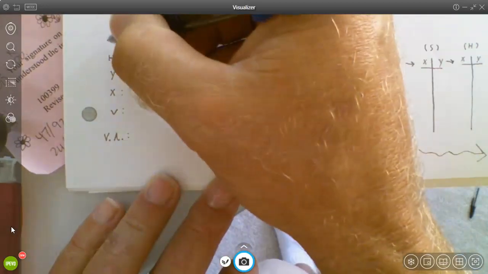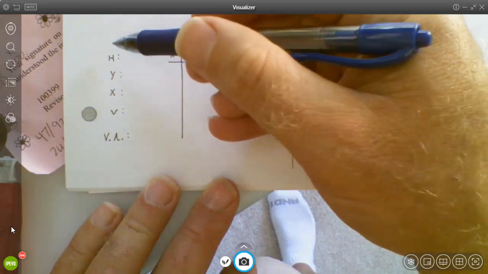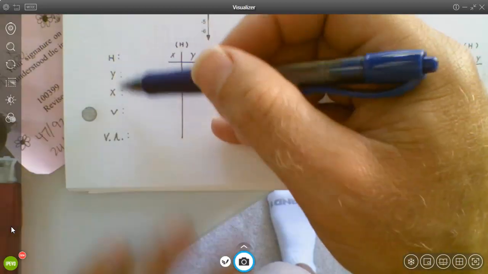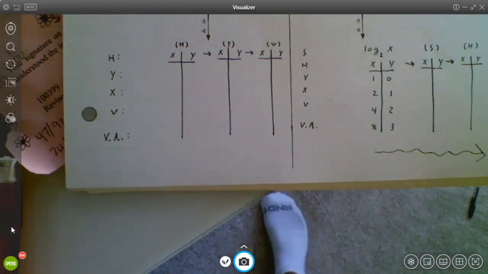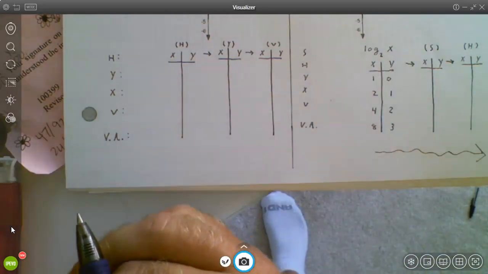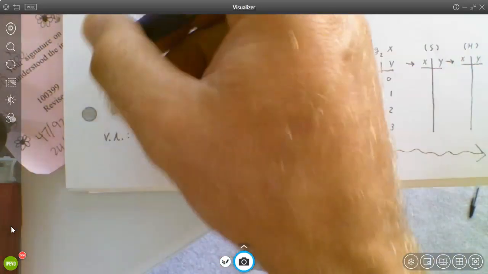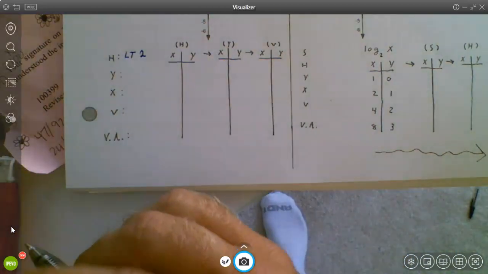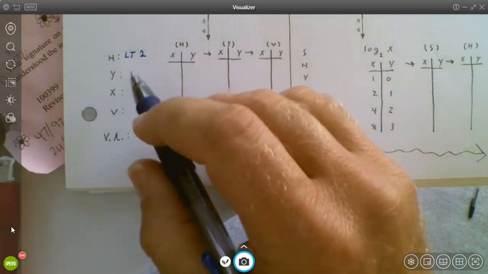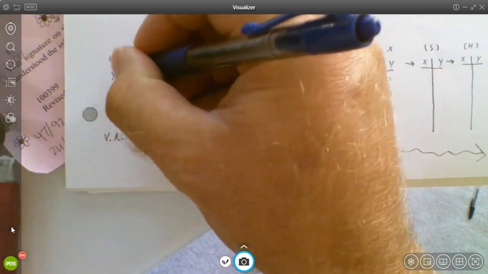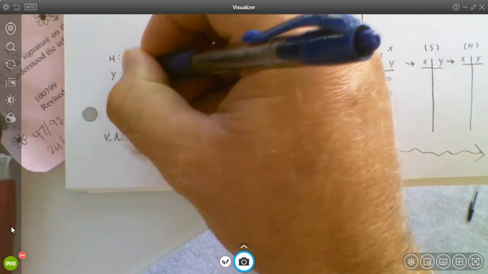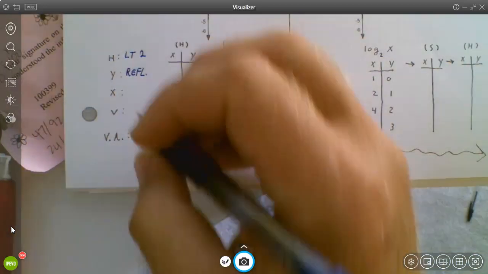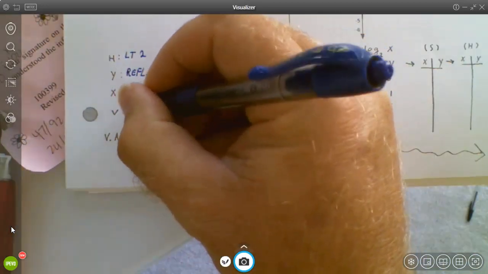I did not have a stretch or shrink on this one, so I left out the S. But remember, we do need to follow the order of operations on this so that we don't do things out of order. So we do have the horizontal shift going left 2. We do have the reflection across the y-axis. And then we also have the vertical shift going up 1.